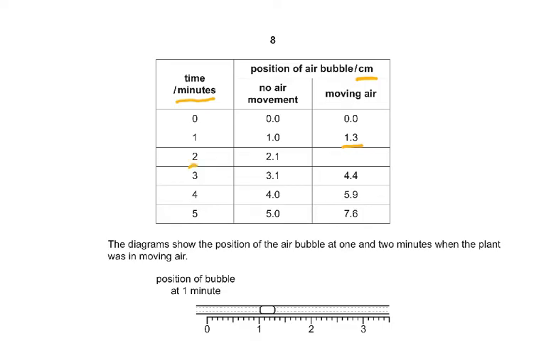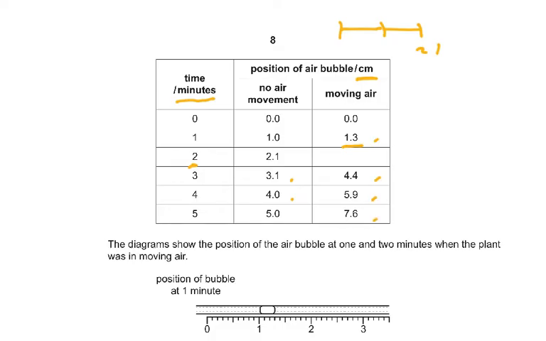After another minute, at the second minute, it has moved 2.1. So remember, it has moved one, then it has moved another, it's come to 2.1. So basically, you've got to understand what we're talking about. So 1, 2.1, 3.1, 4, and 5. Here it has moved 1.3, 4.4, 5.9, and 7.6.